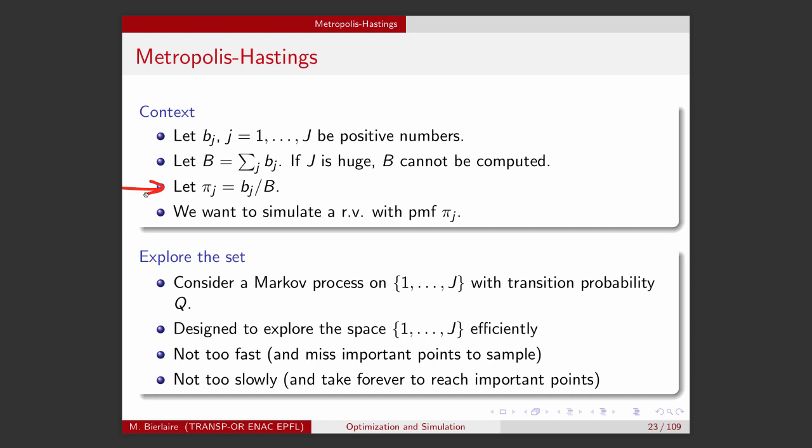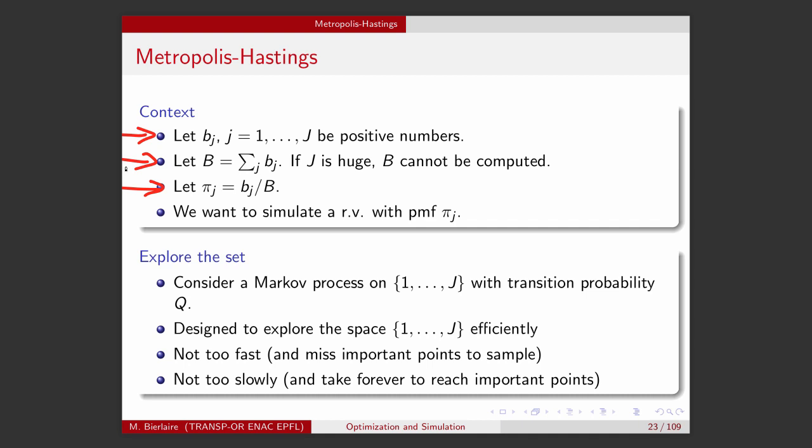Okay, so Bj is a quantity which is proportional to the probability. Capital B is the denominator to obtain the probability itself, and we assume that it cannot be calculated. And the objective of the algorithm is to simulate a random variable with probability mass function pi j.